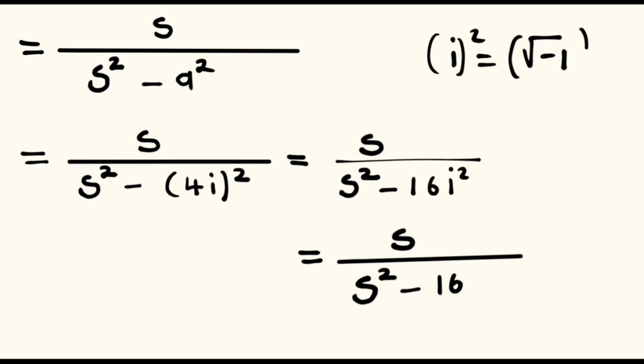So i squared is equal to -1. So that -1, we multiply it with the 16, but then the negative multiplied by that negative will be positive, and this will be our answer for this second question.